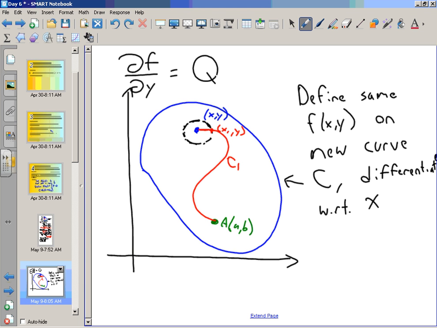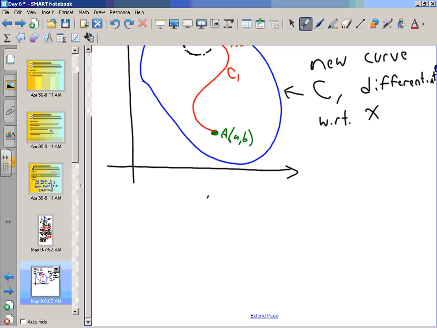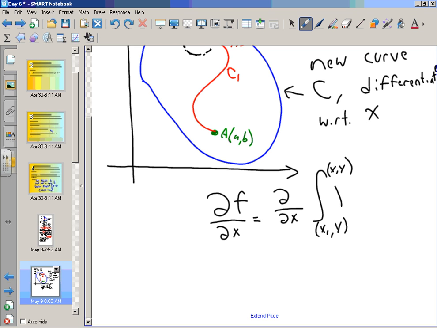The first piece, over C1, doesn't depend on x at all, because it's between two fixed points of x. So that would go to 0. And this last piece doesn't change at all with respect to y. So we would cook down to where we have df/dx equals the derivative with respect to x of the integral over just that last piece, from x1, y over to x, y, of p dx. And what that tells us then is that df/dx equals p.